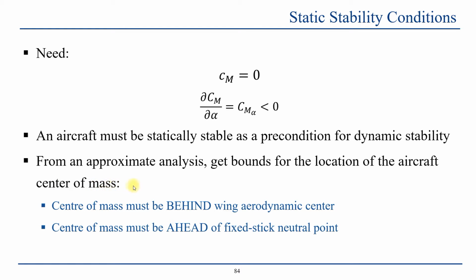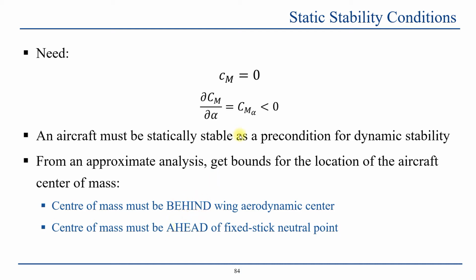And from an approximate analysis, we can find the bounds for the location of the aircraft center of mass. So for our aircraft to be statically stable, we can approximately get the bounds for it to be behind the wing aerodynamic center and ahead of the fixed stick neutral point. If we know where the wing aerodynamic center is, which we saw for the design we have been working on, the correction, is now at 17.5 centimeters, and it's ahead of the fixed stick neutral point, which we can find the value of again using the AVL, we should have a statically stable aircraft, and we can analyze this.